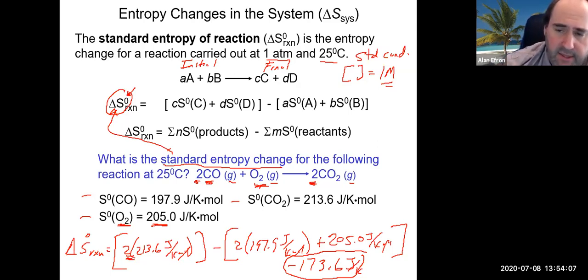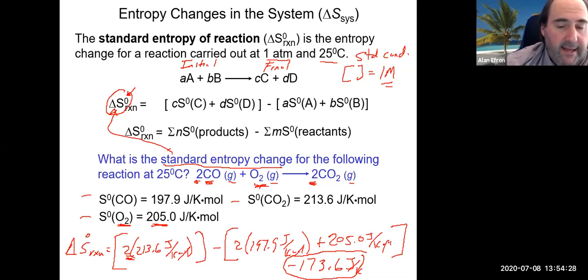Now, this number that we got, and if we think about the actual reaction that we're looking at, we can sort of make a prediction. And actually, we could have made a prediction before we actually did the calculation. And we could basically see if our number really does make sense or not.